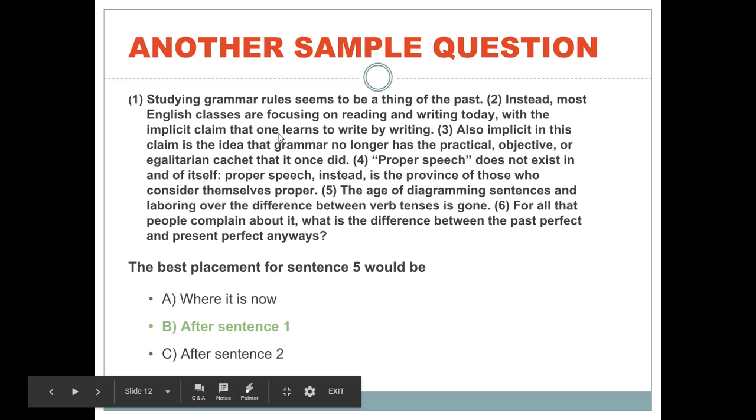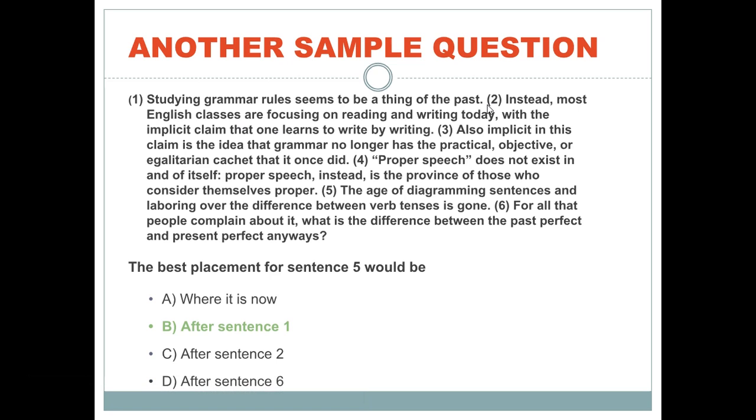Let's look at B. Studying grammar rules seems to be a thing of the past. Then we'd say the age of diagramming sentences is gone. Well, that connects really well. We said it's a thing of the past, and then we're elaborating on that and saying that it's gone. And then sentence 2 says, instead, today they're focusing on this. Well, again, this seems to connect well.